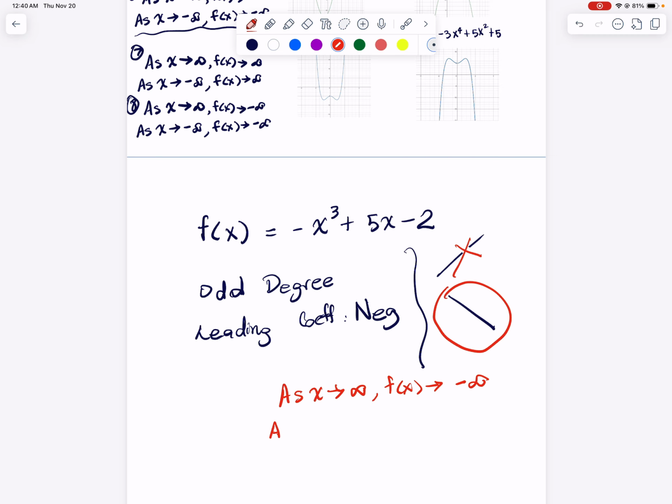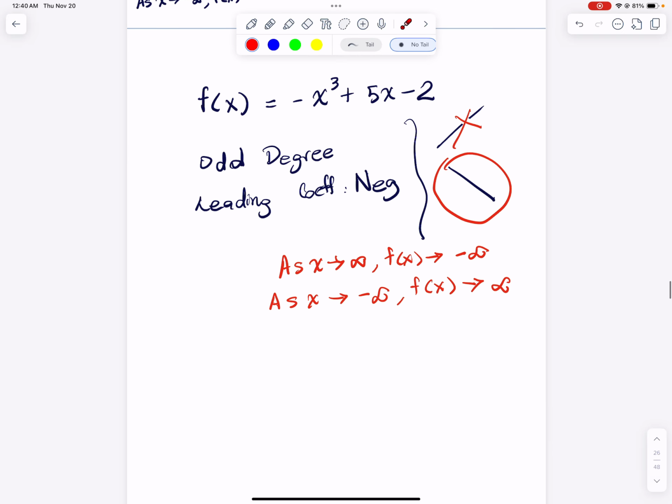And as x approaches negative infinity, so on the left, f of x approaches positive infinity. So that means as x approaches positive infinity on the right, it goes down. As x approaches negative infinity on the left, f of x goes up. So again, remember this is not the exact shape because a cubic does have turning points, but overall this is the general trend of the graph.